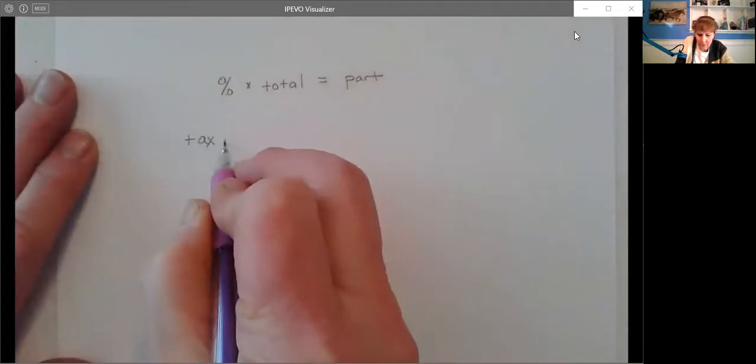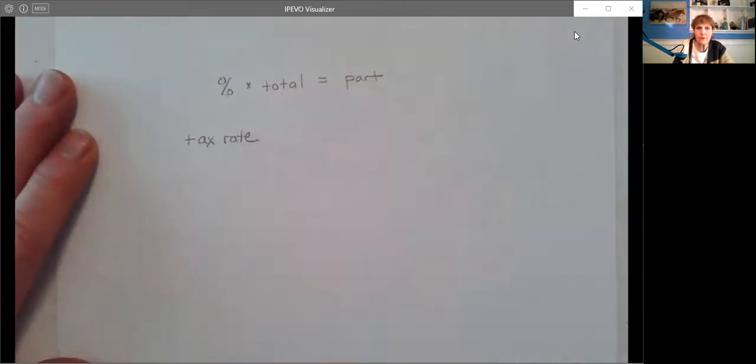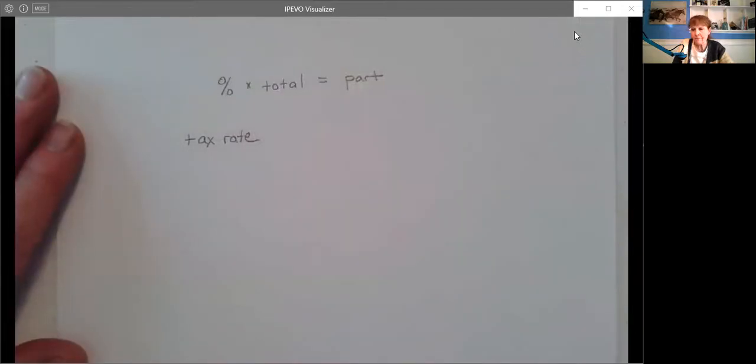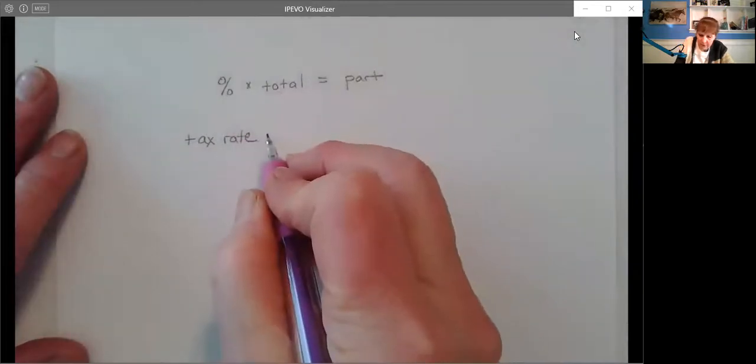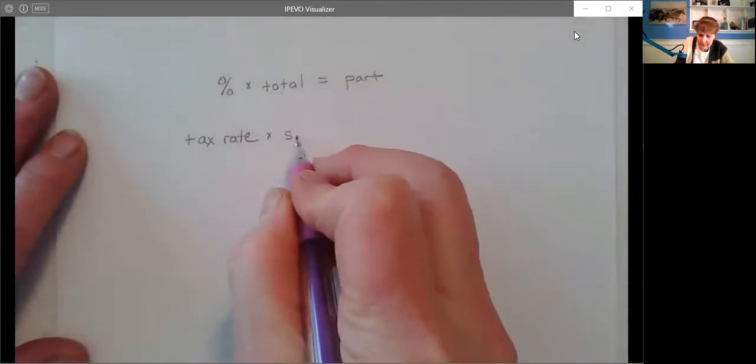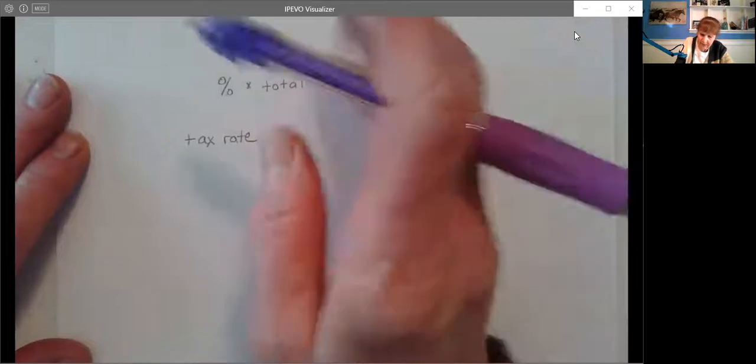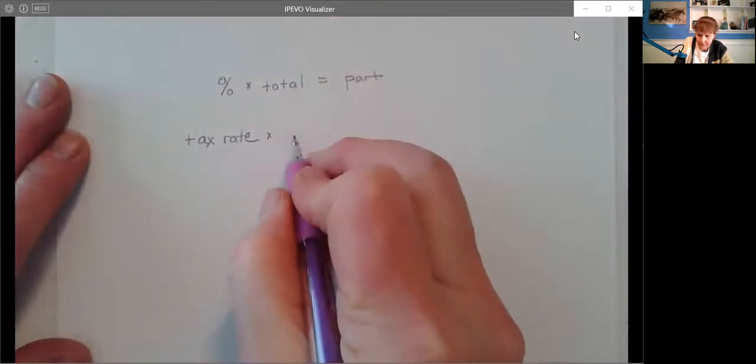If you have a tax rate, our tax rates are given as a percentage. Like here in Sheridan, we have a 7% sales tax rate. If you go to some other countries, it can be 20% of your total sales. So times the price of the item rather than the sales, we'll save sale for commission.